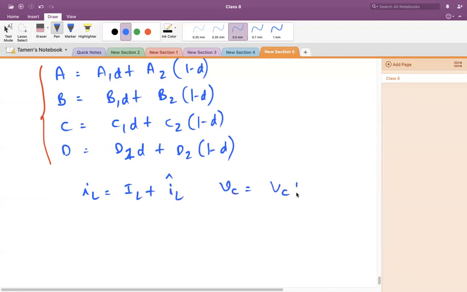VC will be VC plus VC hat. Similarly, D is D plus D hat. Similarly, VG will be VG plus VG hat. So all these variations, that is the small signal and the steady state, we have to consider to get a large signal.